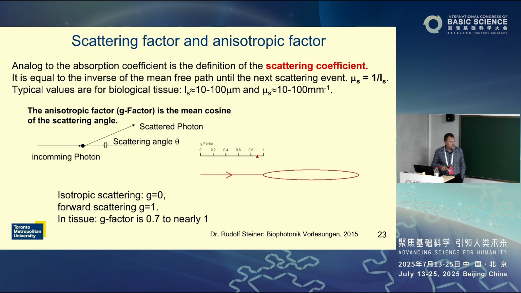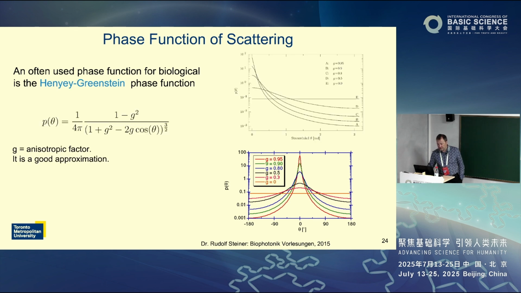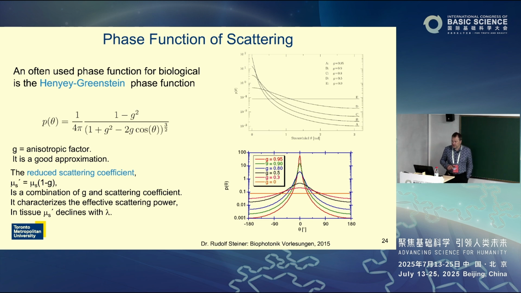In biological tissue, G factor is between 0.7 and close to 1. And that's how the phase function of scattering looks like. And that's the function they use for approximation through the G factor of the phase function.